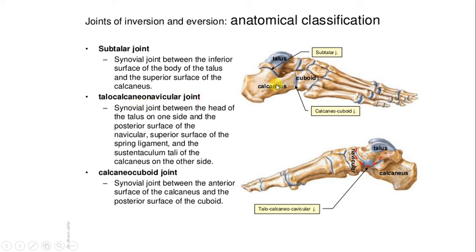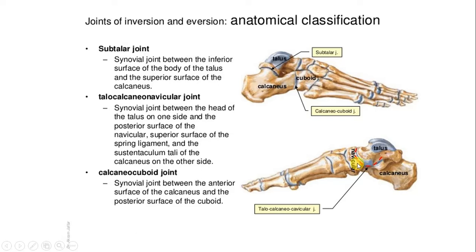Talocalcaneonavicular joints. Here you can see the talocalcaneonavicular joint. It's also a synovial type of joint. Here the head makes a joint with the navicular bone, and posteriorly, the body makes a joint with the calcaneum, and a ligament is connecting these bones, which is named the spring ligament.